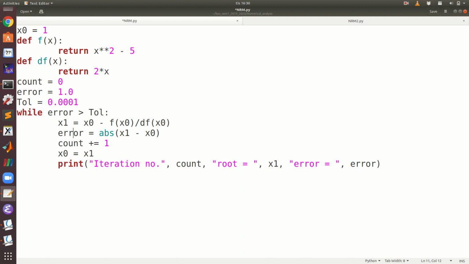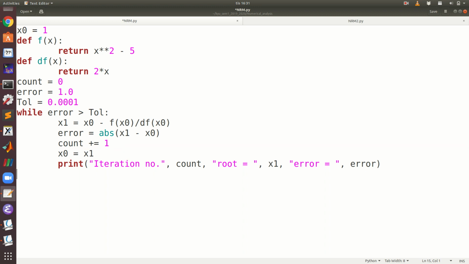If the error is still bigger than the tolerance, we go to the next step, and then we need to update. At the next step, our xn, which is x0 here, becomes the previous value we got.